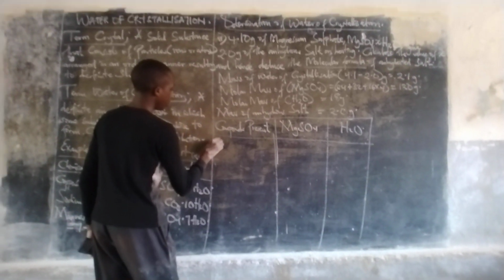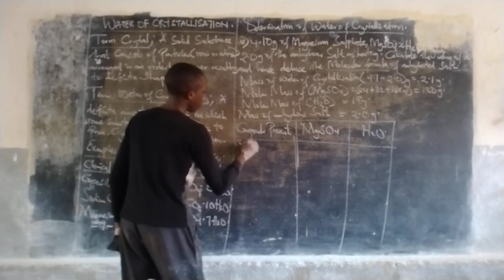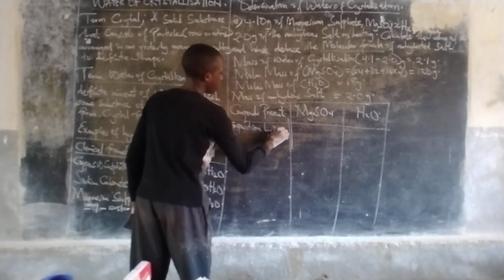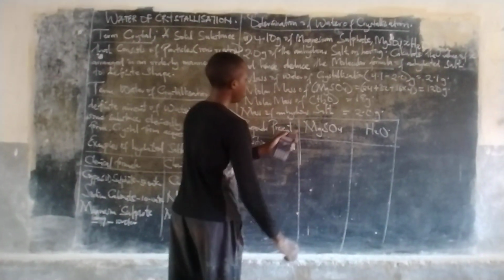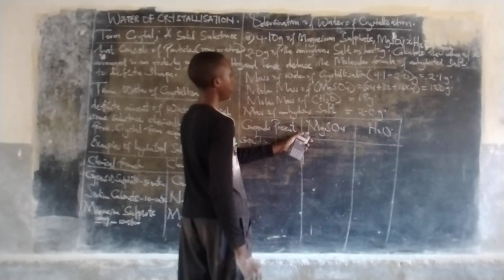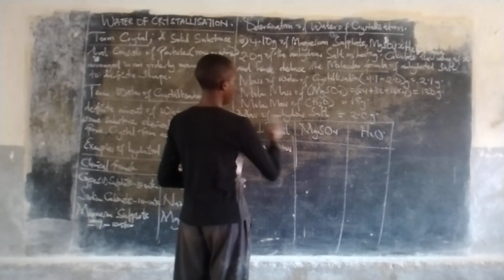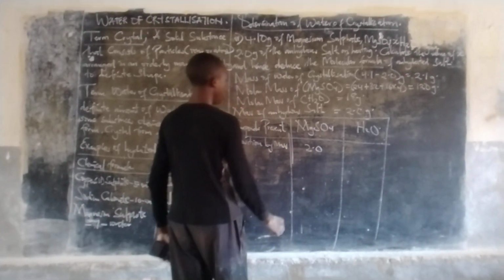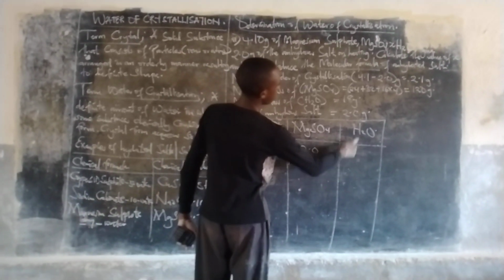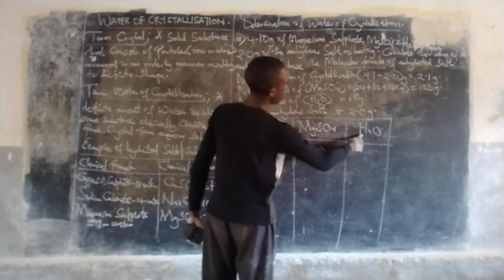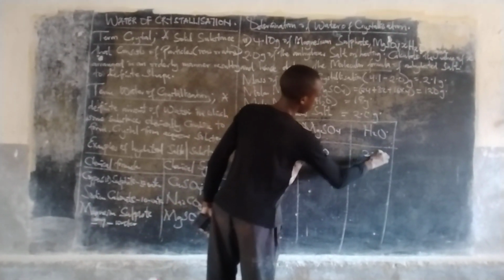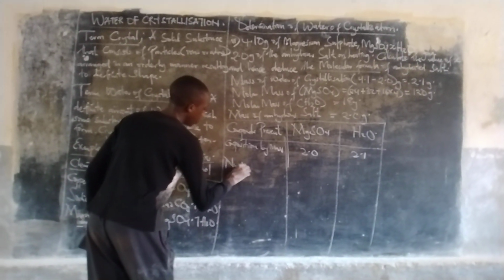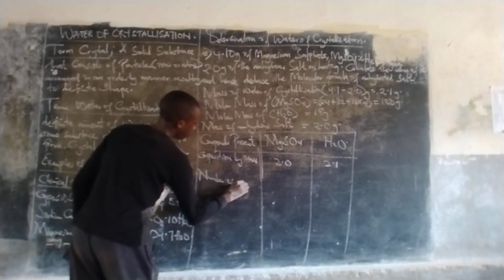So I write its composition by mass. So this composition by mass, this is the salt, we have in it as 2.0. Then we have that of water, mass of the water of crystallization as 2.1. Then we find the number of moles.